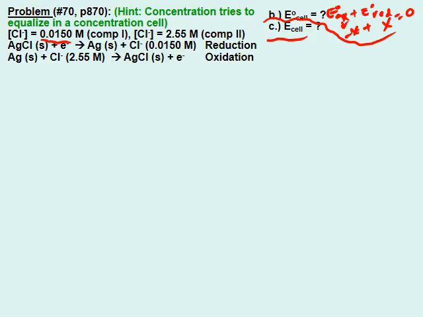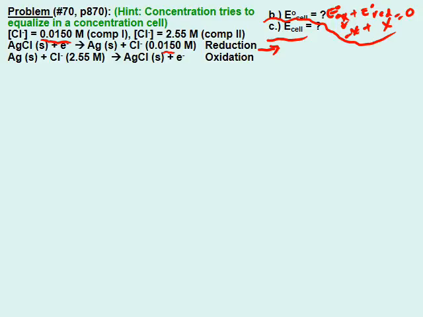I already identified the first compartment has to have the lower concentration, because as the first reaction goes on, silver chloride reacts in the presence of electron, gives silver and Cl minus. So as the first reaction happens in this direction, more and more Cl minus will form, and its concentration is going to increase.